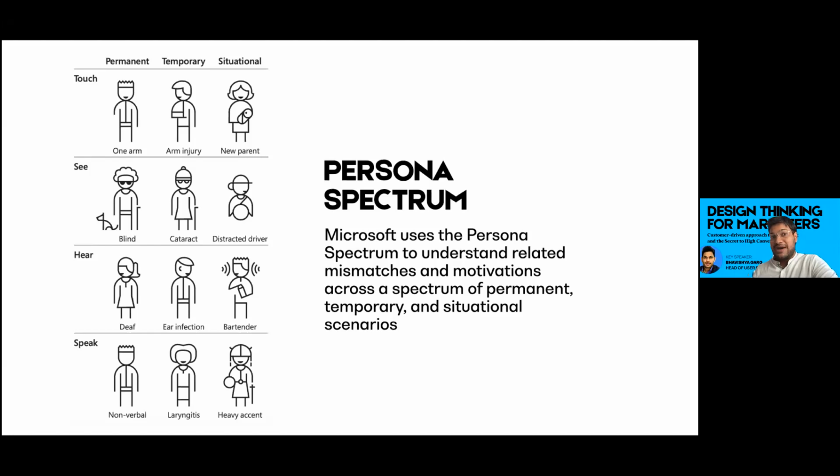That's why they have a temporary disability, and they might have been seeing your app correctly just a month ago, right? And situational, maybe he's a distracted driver. He can't look at your app. He just has to interact with your app without looking at it, right? So this is a clear example of how you can use your four senses to plot temporary, permanent, and situational categories, and consider your design for all of these 12 types.